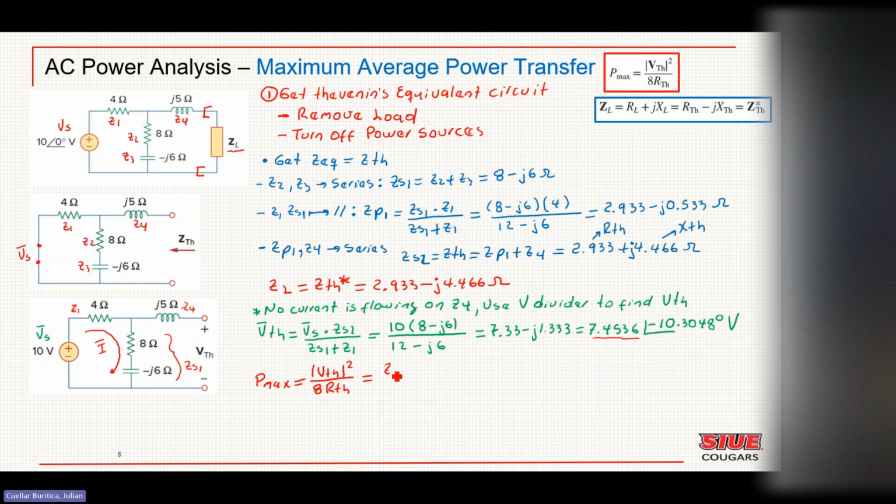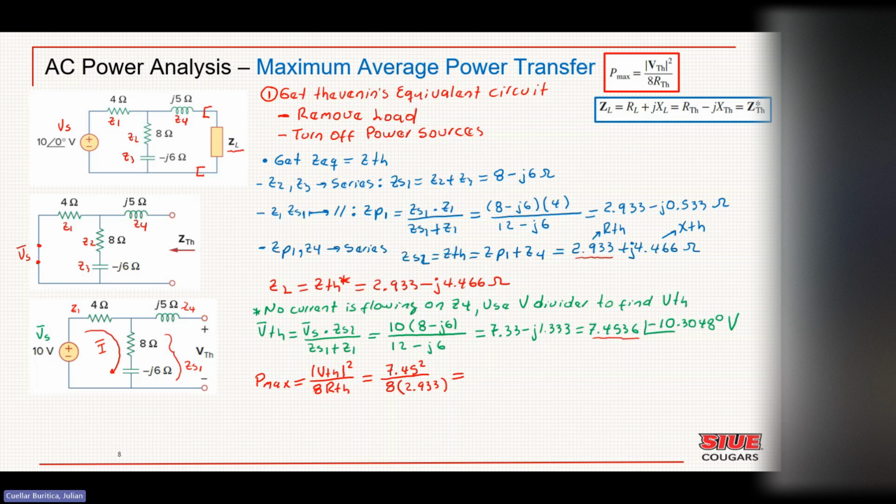That's going to be 7.45 squared over 8 times. And what is our Thevenin resistor? Our Thevenin resistor is here, 2.933.